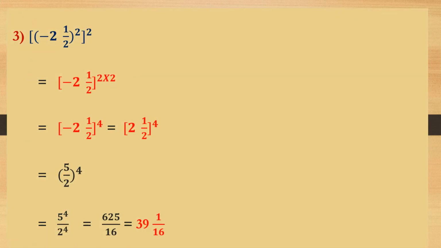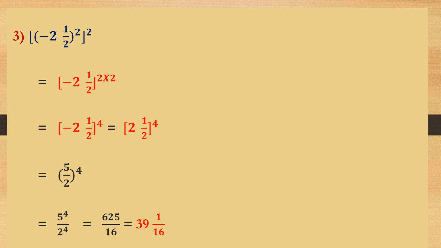Another example: (negative 2 and 1 over 2) power 2, all power 2, will be negative 2 and 1 over 2 power 2 times 2 is 4, so it will be (negative 2 and 1 over 2) power 4. The even power will remove the negative sign, so it will be (2 and 1 over 2) all power 4, which is equal to 2 times 2 is 4 plus 1 is 5, (5 over 2) all power 4, which is equal to 5 power 4 over 2 power 4.